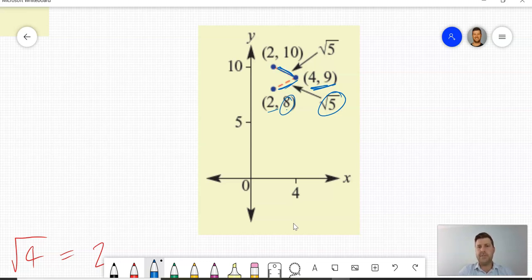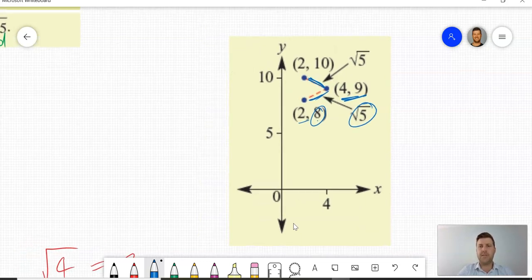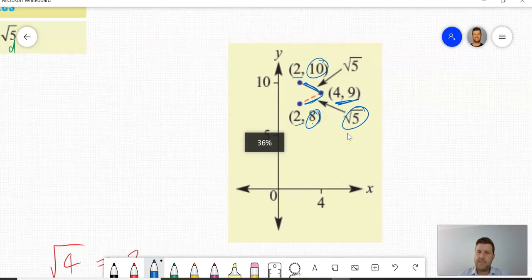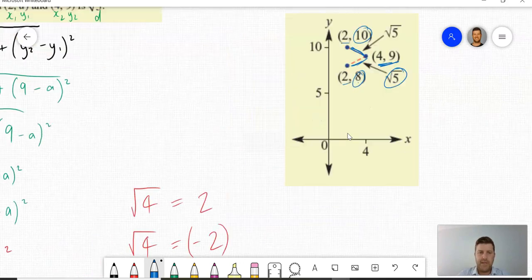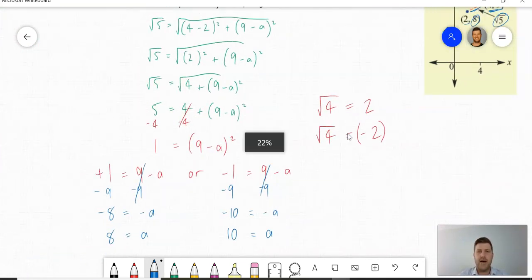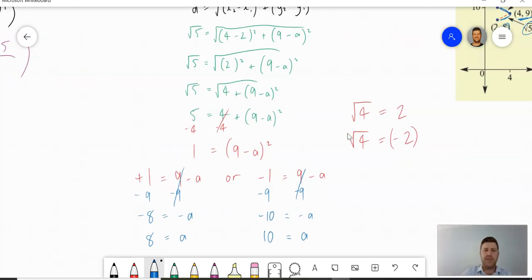Or the same distance could be between that set of coordinates, 4, 9, and 2, 10, which we worked out. The distance is still the same. So that explains it a little bit more visually. It's a little bit hard to get your head around because we haven't looked at that before. But when you get to this point, you could have one of two possible answers.